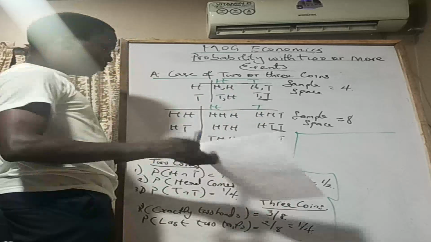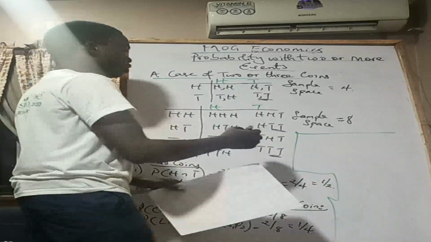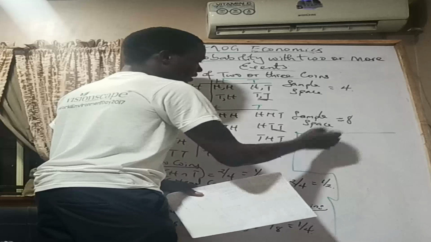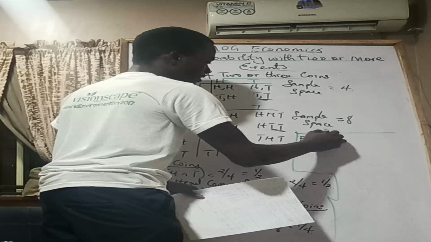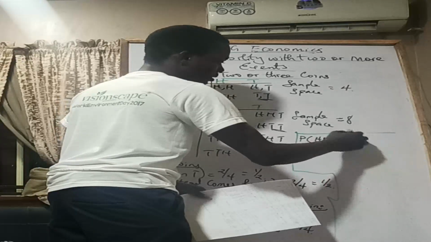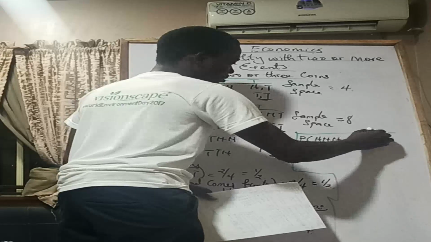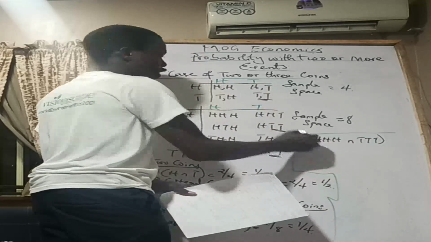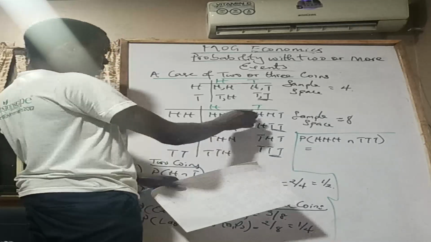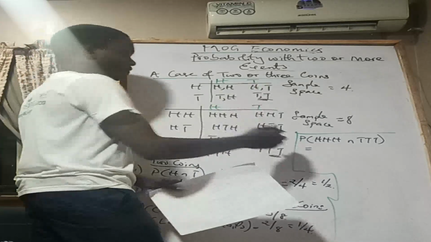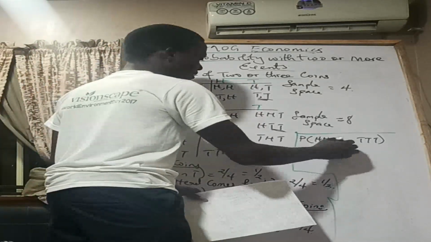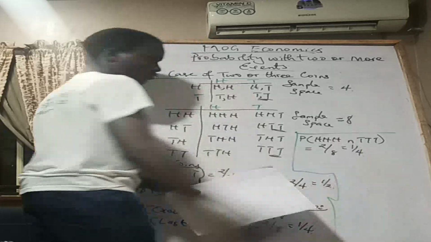So we are looking at the probability of either H, H, H and T, T, T. That's basically what we're looking for. So where do you have that? This is 1 and this is 2. So only 2 of that. 2 over 8, which is equal to 1 over 4.